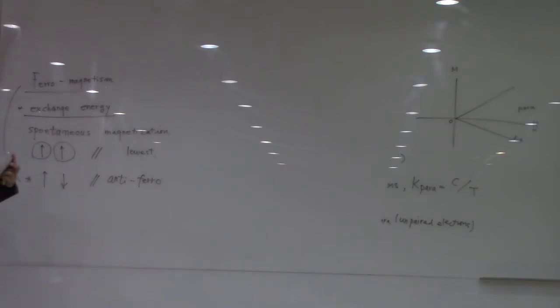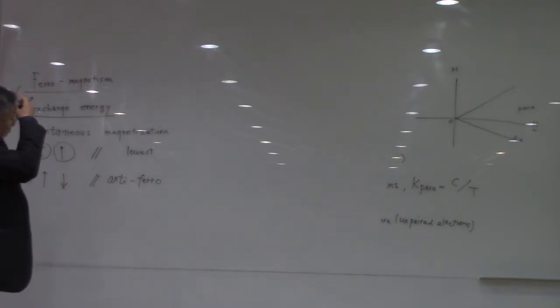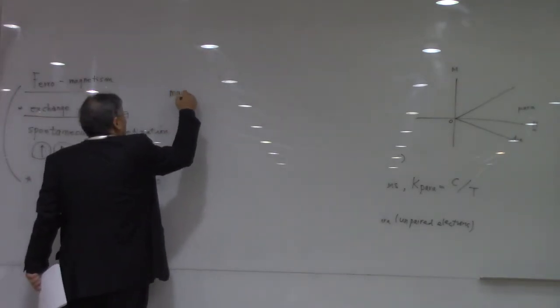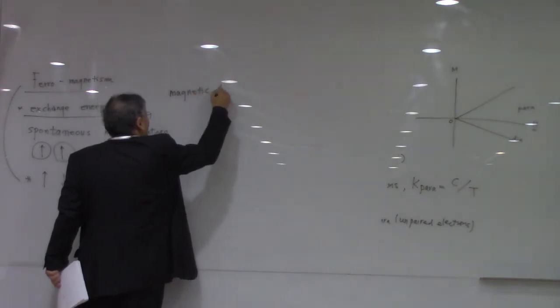So if that is the spontaneous reaction, then as time goes by, the magnetic moment of this ferromagnetic material becomes larger and larger forever, so that every ferromagnetic material would show a very big magnetic moment. And it does not happen in the real world. What happens is that it has magnetic domains.